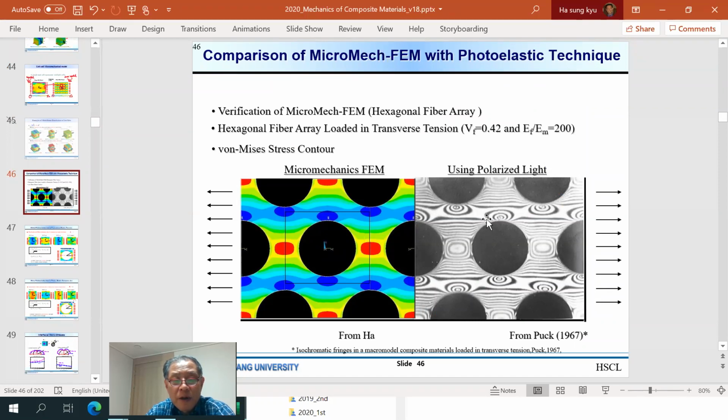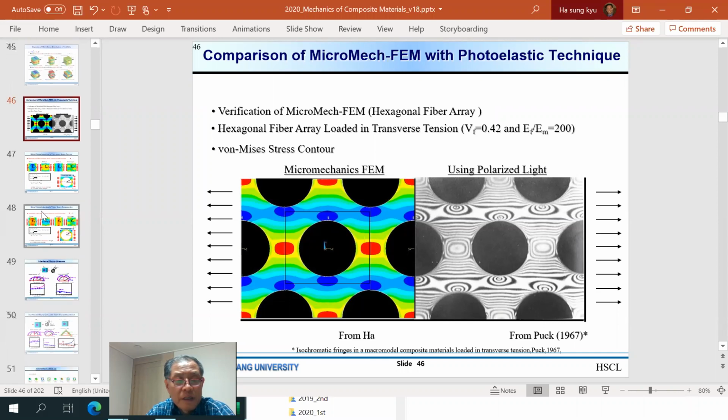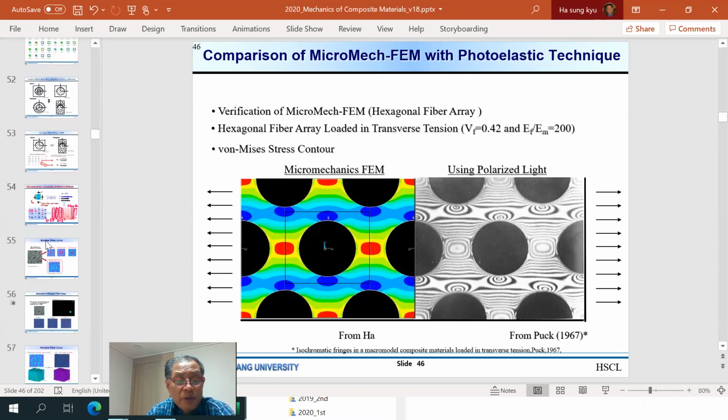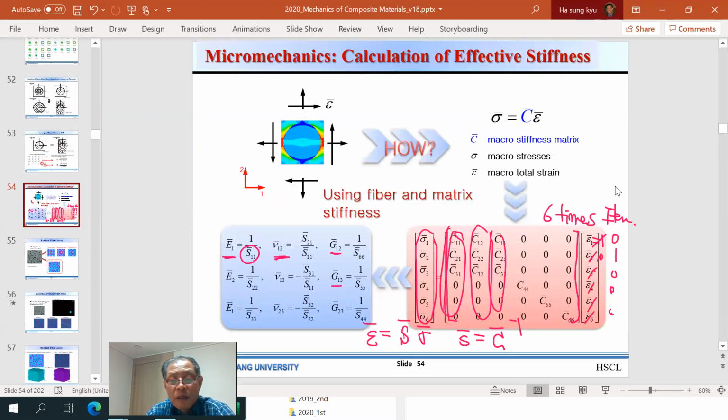Then they apply some tension in the transverse direction, and this is exactly the same. So we went through this, and this was the last slide which we covered last class.